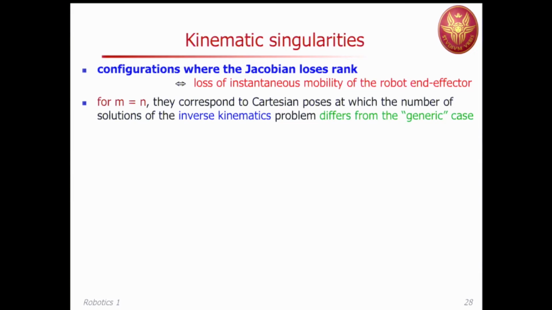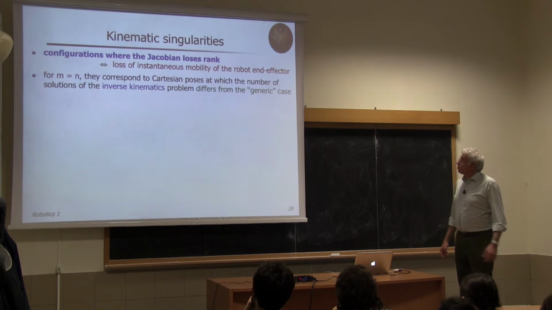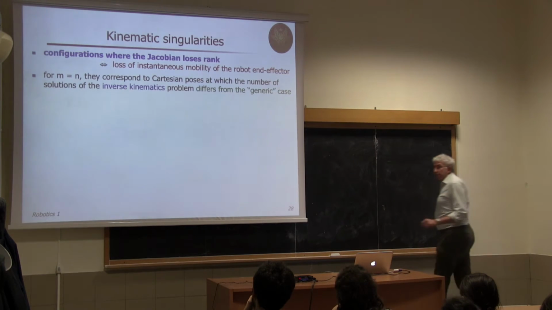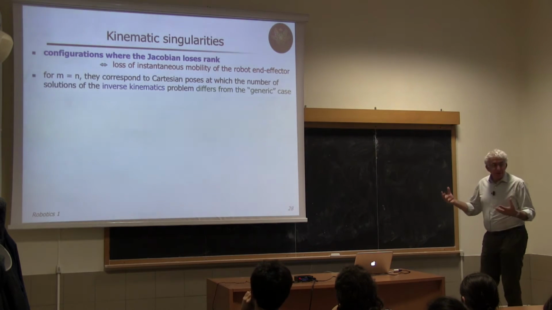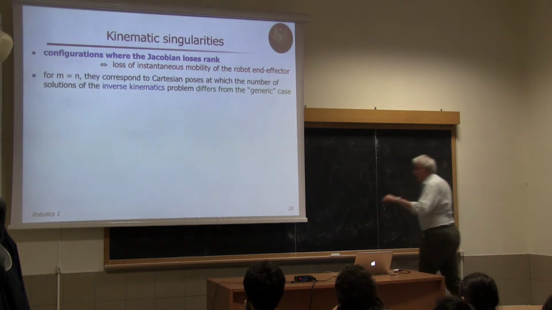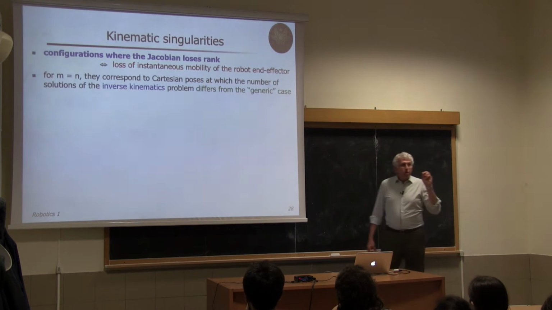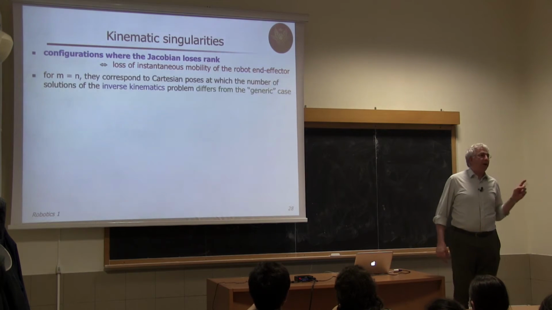So when we have a square Jacobian, so m equal n, for instance a 2R planar arm when we are considering position x, y of the end effector and the associated differential quantities, this configuration corresponds to Cartesian poses. So there's a one-to-one mapping between the joint space configuration of the robot arm and Cartesian poses, where the number of inverse kinematic solutions is not the generic one.